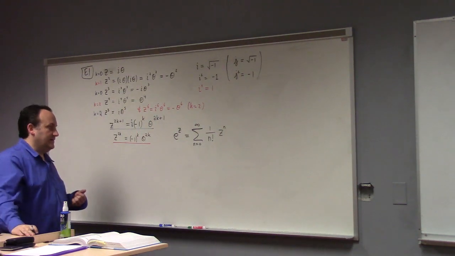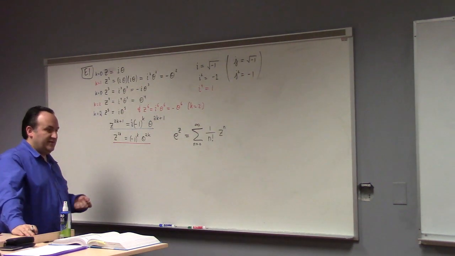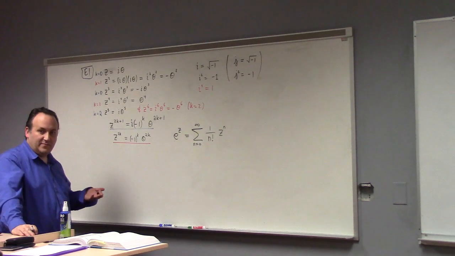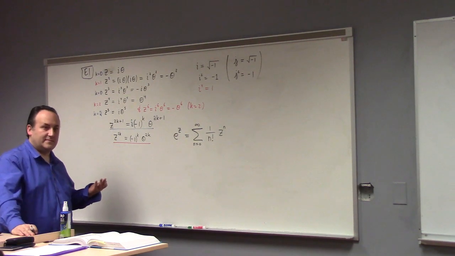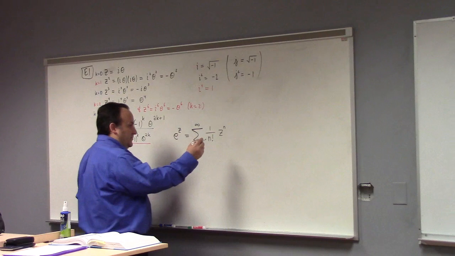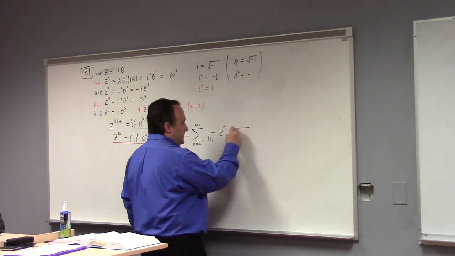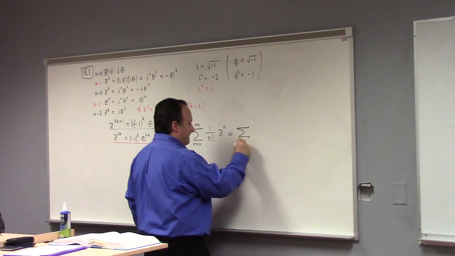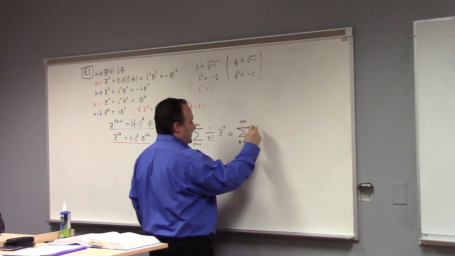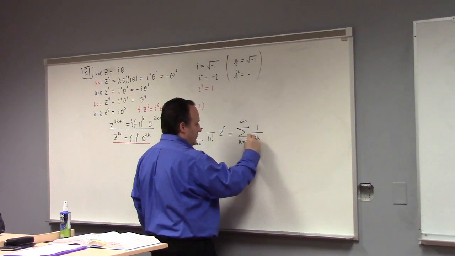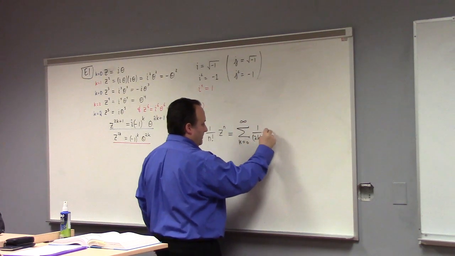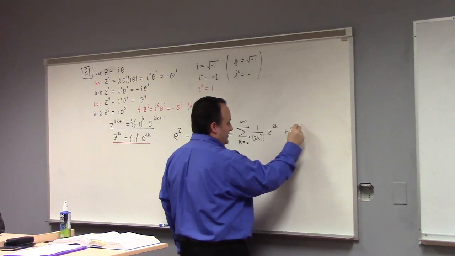If we assume that when we take the exponential of an imaginary number it works just the same, then what happens? You can break this into two pieces, right? The even pieces and the odd pieces.